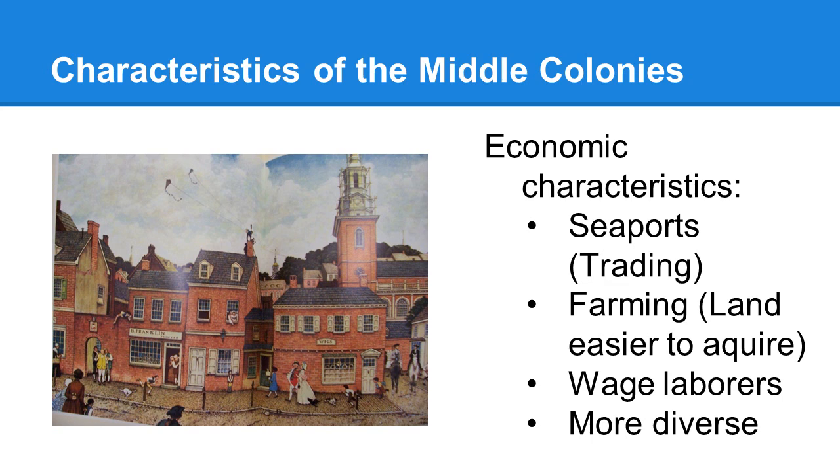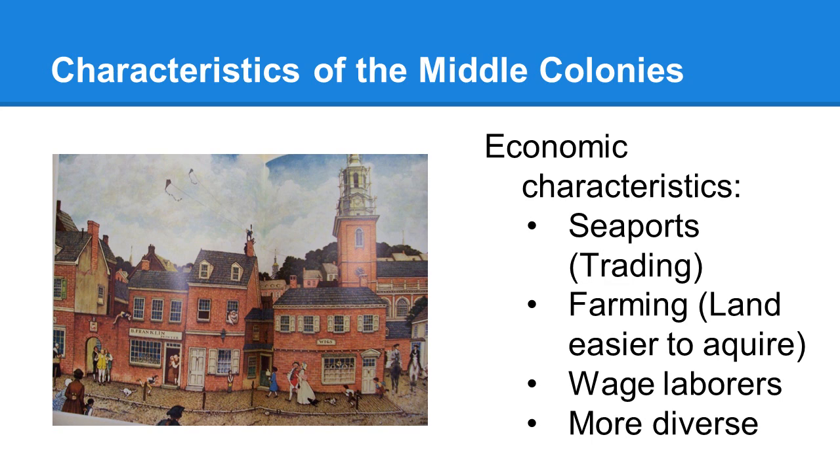So as I said, we have the artisans there, but let's look at the other economic characteristics. You are on the water for a lot of these middle colonies. A lot of people lived on the water, so of course you're going to have seaports with trading. We've talked about this earlier in the unit. Everybody farmed, everybody.